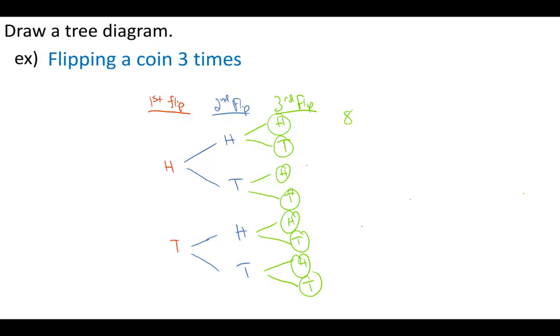So there's 8 possible outcomes. We would just trace the tree for each one. So we could have heads, heads, heads, that would be part of the sample space. We could do heads, heads, tails. So we can make a list of all of these, right? Heads, tails, heads; heads, tails, tails. Those are the first 4, and you can list out all of the possible outcomes. For just the tree diagram part of it, you just need to draw this.